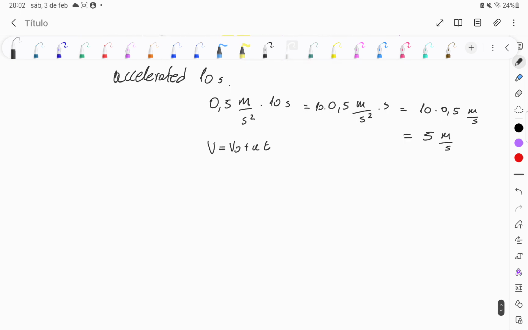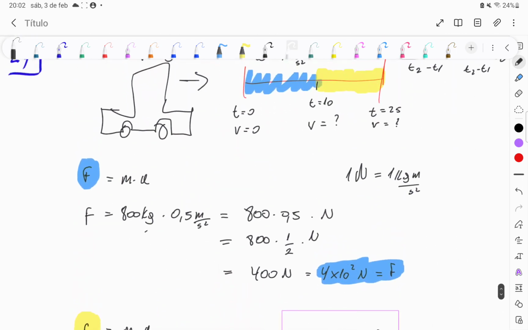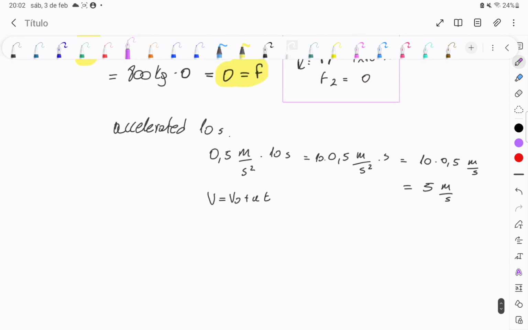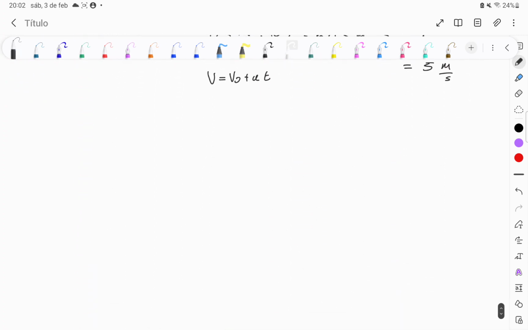Ahora preguntan la distancia total recorrida. Again, we have two movements. Here the velocity is changing, and here no. So we can separate it into two movements. And what are we going to use? The same formula.